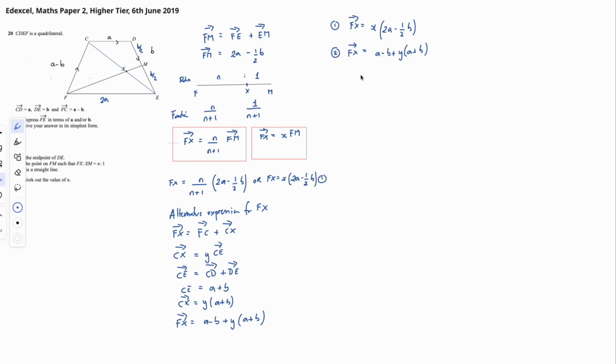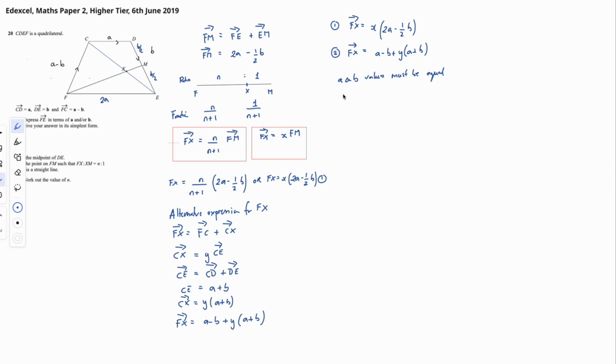And for vectors to be equal, the a and b values must be equal. We've also got x's and y's here.